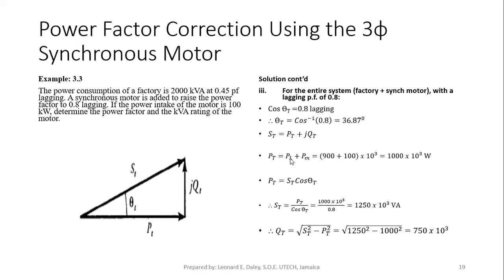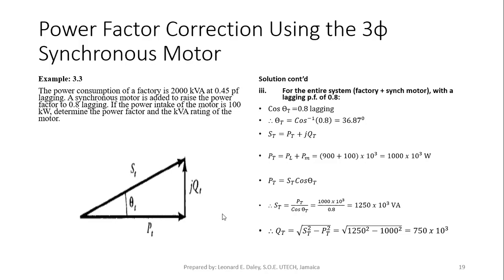And PT would be the power from the factory plus the power from the motor, so that works out to be 1000 kilowatts. Then we can find out what ST is. We could have also used the relationship of this right angle triangle to find out what QT is.